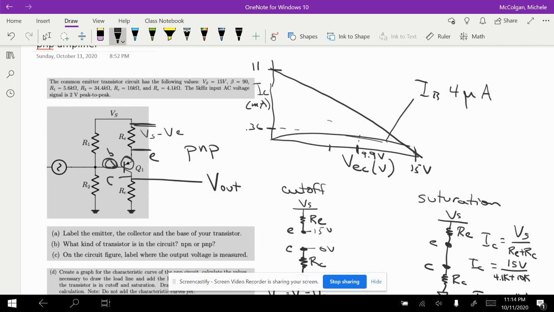You can do that by adjusting your values for R1 and R2 to have a lower value. That'll give you a bigger voltage drop across RE, which will give you a bigger current across RC, and that'll raise up my Vout just enough so that I'm closer to this center spot instead of being higher.